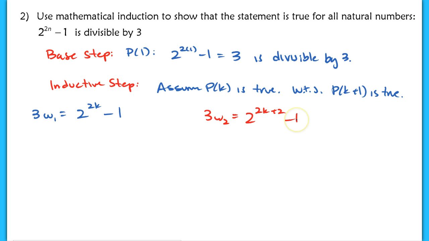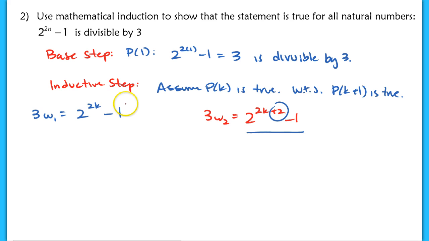minus 1. All right, now we're going to work on the left side here, this P of k, to make it look like P of k plus 1. And I'm going to start by choosing the exponent side. So if I look at this, this is differing by a plus 2 here in the exponent. So instead of just multiplying by a 2, I'm actually going to multiply by 4, 2 squared.